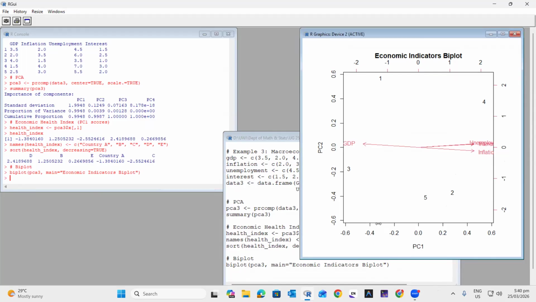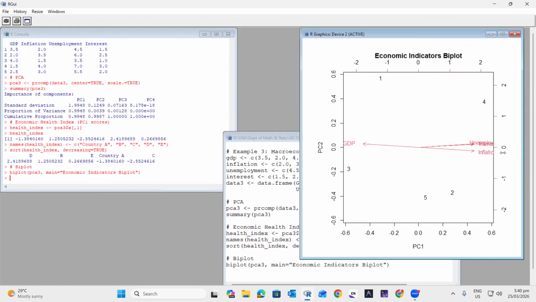So GDP arrows point to the left, all right, along with the PC1, principal component 1. High GDP countries score low, basically negative, on the PC1. Okay, they have the low PC1 with the negative sign, and inflation, unemployment, and the interest rate all point to the right side.